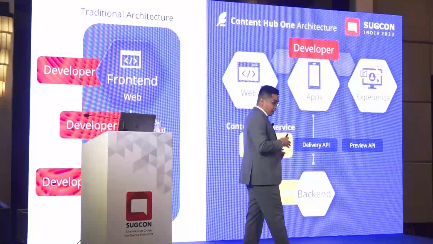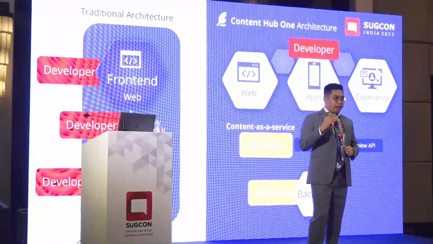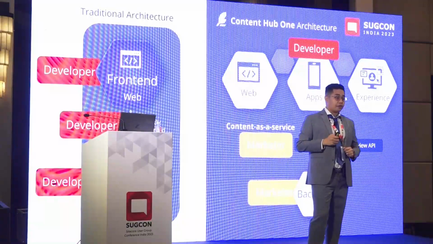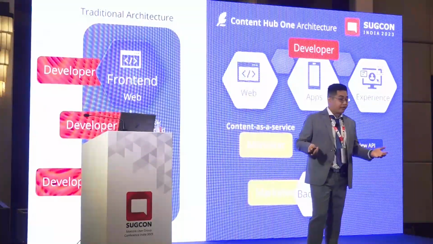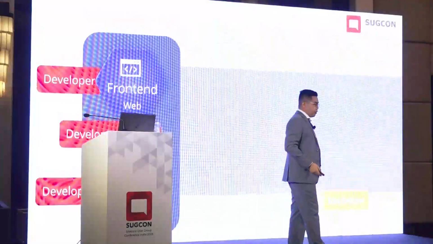Content Hub 1, on the other hand, is a bit different. You start as a marketer. Once you build the content modeling, then your developers can focus on omni-channel content. Could be web, could be apps, or any experience that you have.